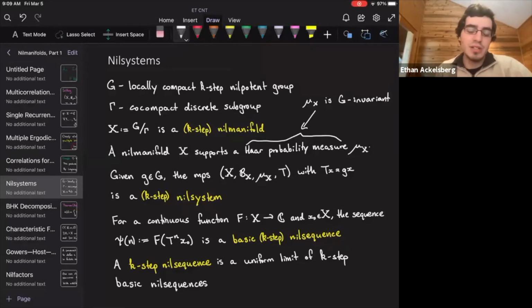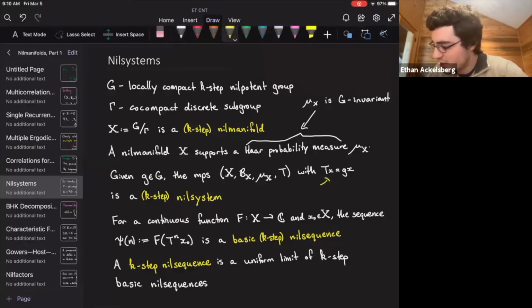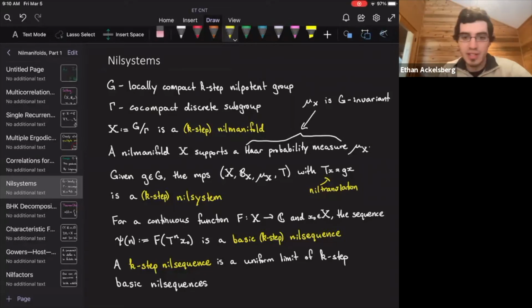Our k-step nil systems are now where we multiply by some group element on a nilmanifold. And so this system is a nil system. You might call this action T. Maybe a nil translation.